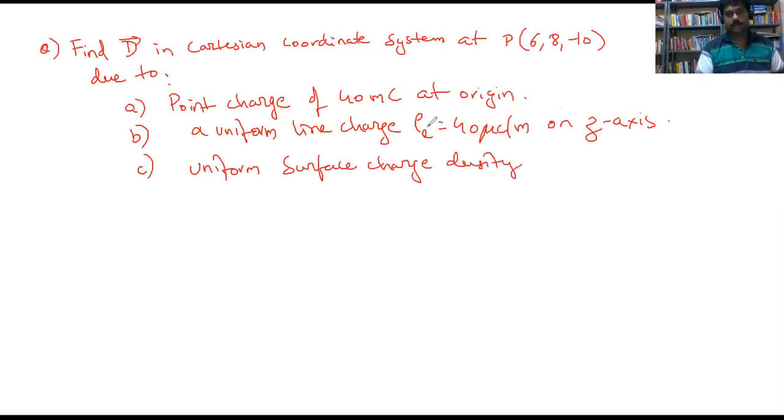This is also uniform line charge density only, but that is implicitly to be known.